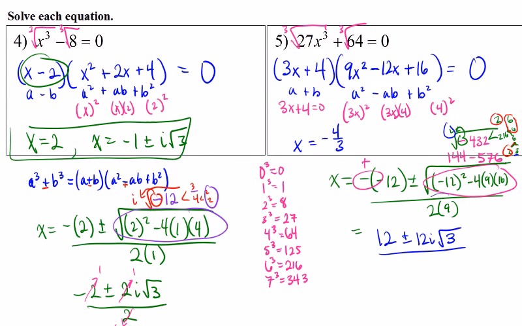Then on the bottom, 2 times 9 is 18. So now I can reduce. 6 is a common factor between all these terms, so I'm going to divide everything by 6. This gives me 3 on the bottom, 2 right here, 2 right here. And so we'll end up with 2 plus or minus 2i root 3 all over 3. And so that's our other set of answers here. x equals 2 plus or minus 2i root 3 all over 3.